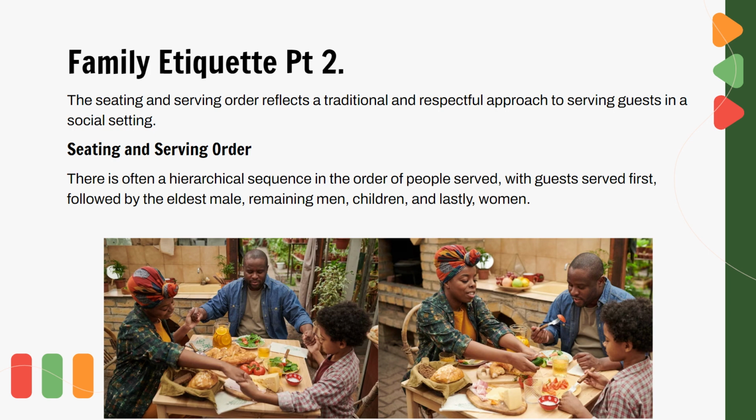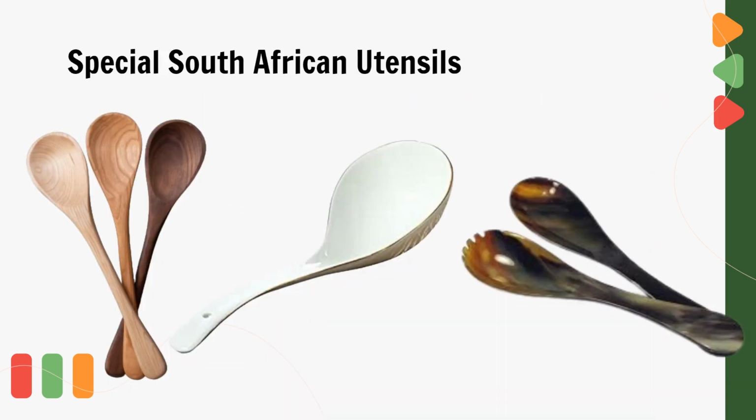Special eating utensils in South Africa include traditional items like wooden spoons, bone handle spoons, and unique utensils made from natural materials, such as horn and bone.